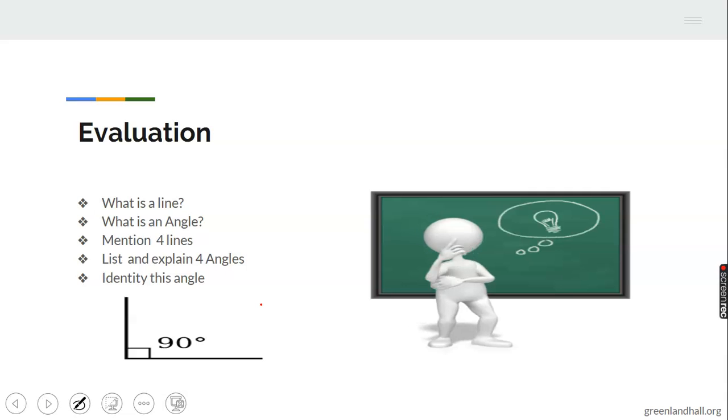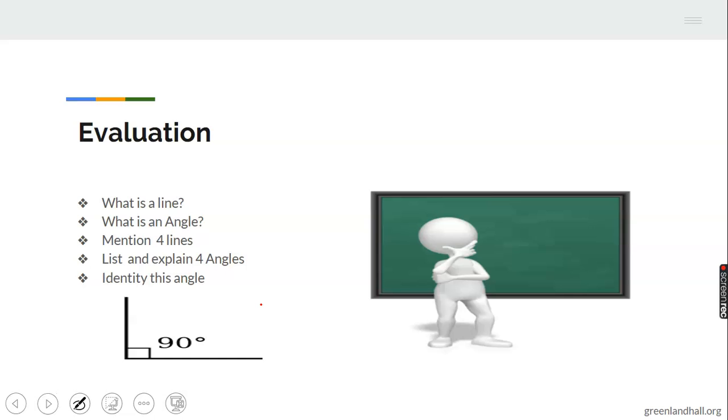Now, let's come to the evaluation page and find out what we have been able to learn in today's topic. Who can tell me what a line is? Anybody with a definition for a line? Good. Don't forget I told you that a line has a length but doesn't have breadth or thickness. Good.